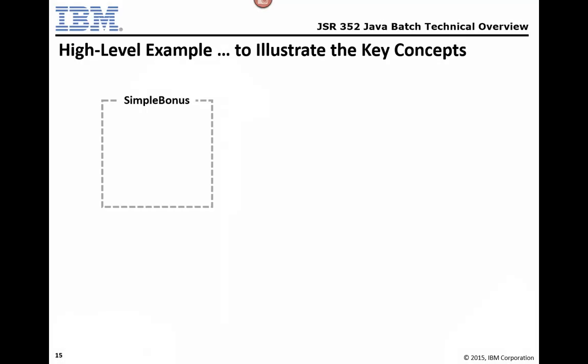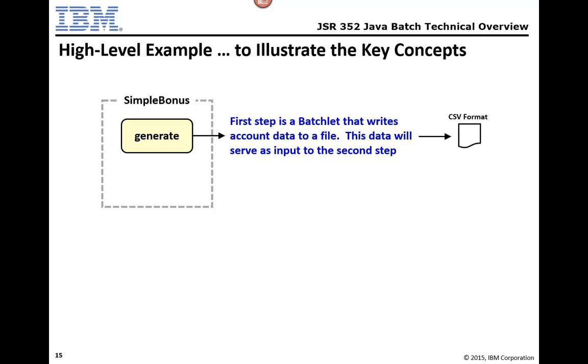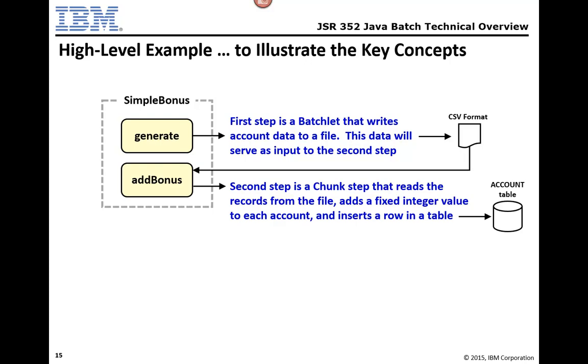To illustrate the batchlet and chunk step types, we'll use one of the IBM sample programs as a backdrop for discussion. The sample is a two-step job based on an account balance model. The first step is called generate, and it's a batchlet step. It writes a number of account records to a file. A property on the step tells the Java code how many records to create. The second step is called add bonus, and it's a chunk step.